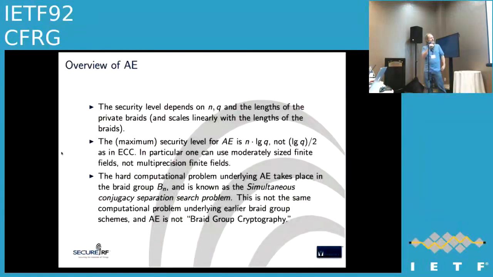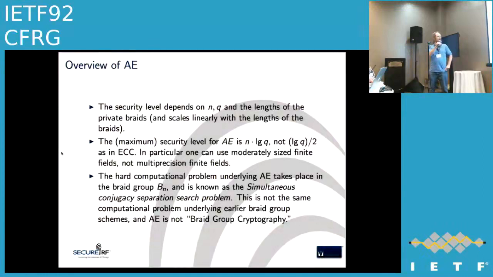The computational problem that underlies the public key part of it is taking place in the braid group, and it's called the simultaneous conjugacy separation search problem. So there have been other schemes that go under the rubric of braid group cryptography that were introduced before this, maybe in the late 90s, early 2000s, and that's a different computational problem.